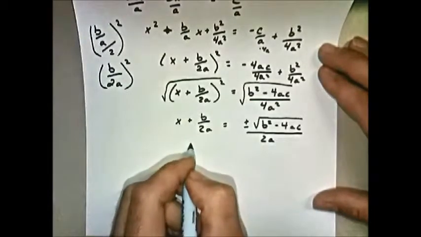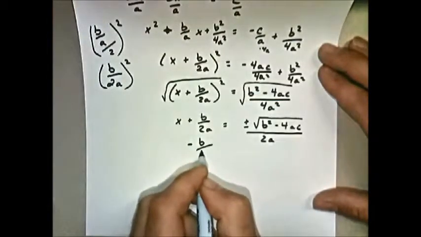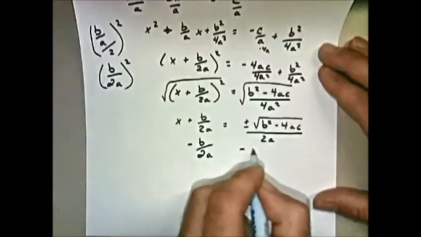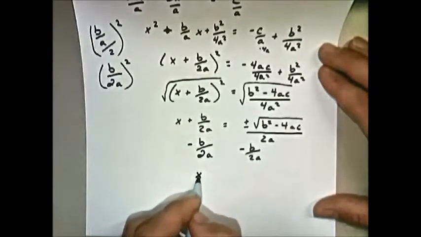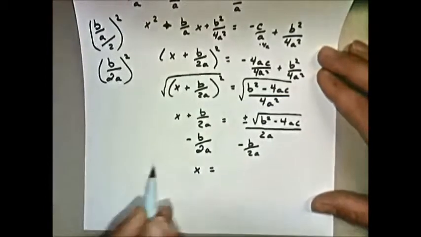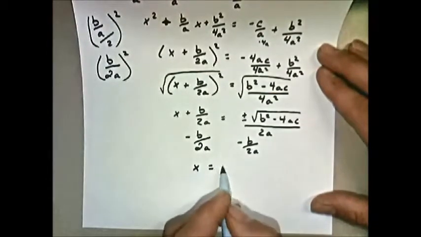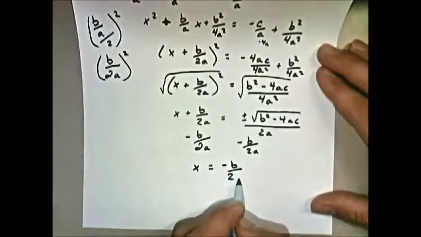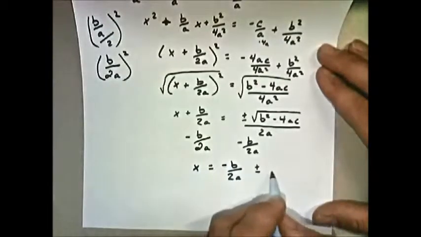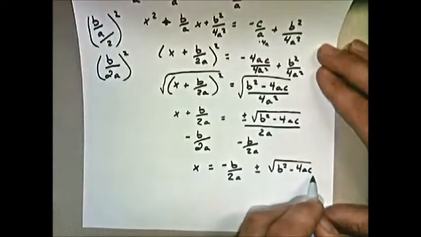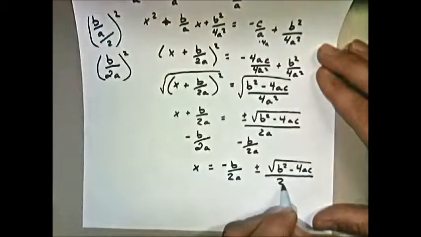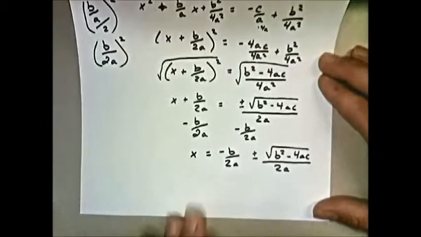Solving for x, I can subtract b over 2a from both sides. So finally, I get x equals negative b over 2a plus or minus the square root of b squared minus 4ac all over 2a.